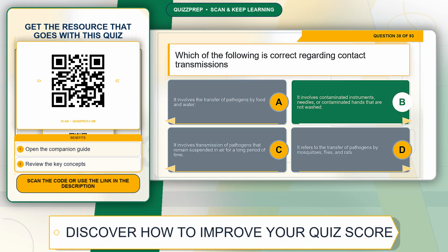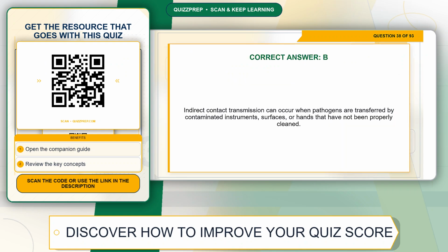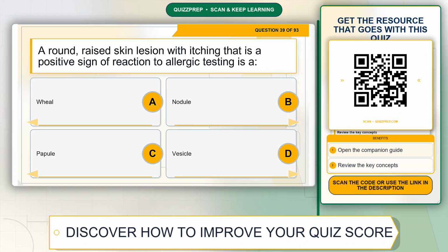The correct answer is option B, it involves contaminated instruments, needles, or contaminated hands that are not washed. Explanation. Indirect contact transmission can occur when pathogens are transferred by contaminated instruments, surfaces, or hands that have not been properly cleaned.